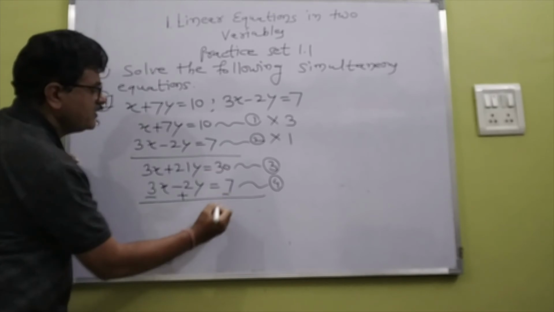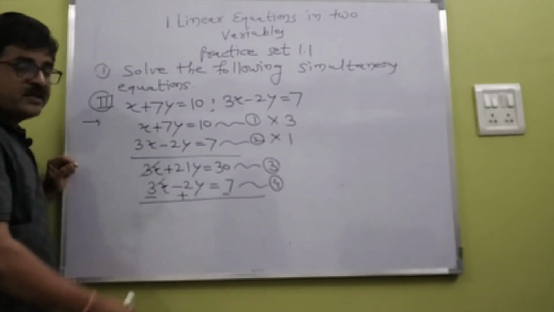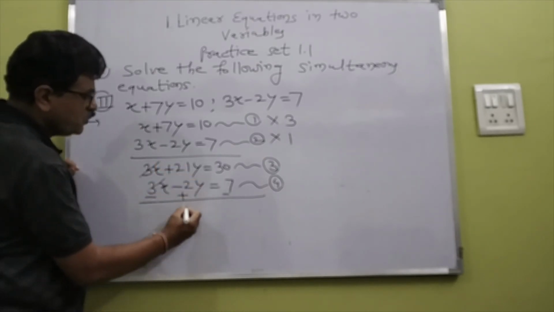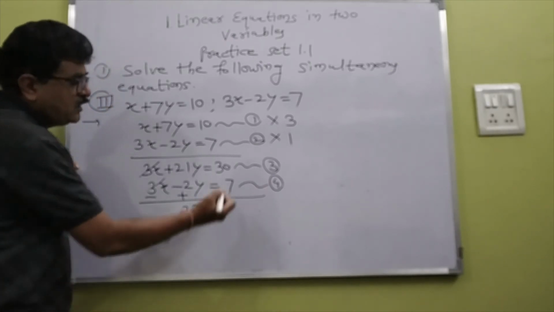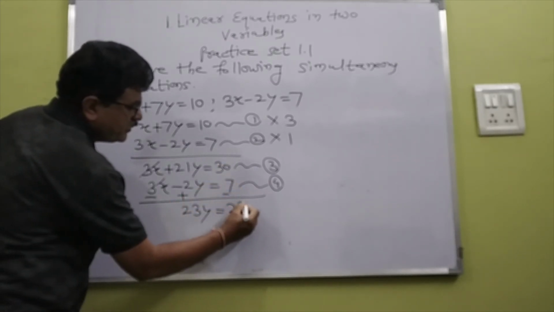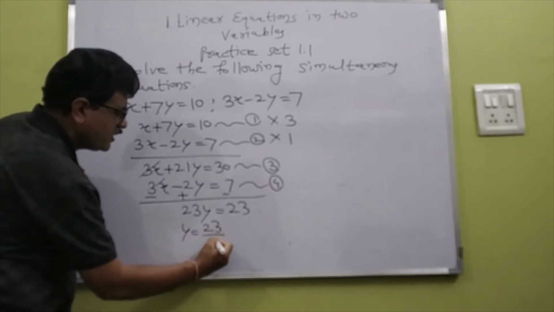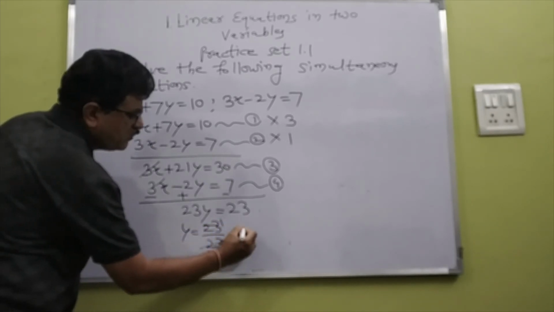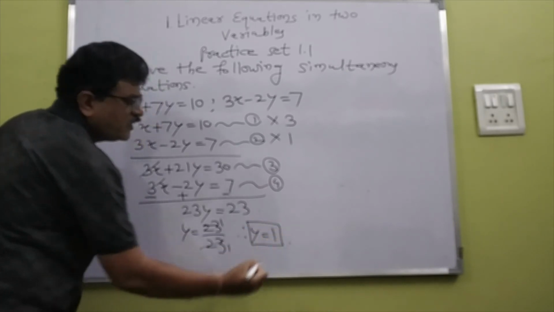Now 3x minus 3x gets cancelled. 21 plus 2, that is 23y is equal to 30 minus 7, which is 23. Therefore y is equal to 23 upon 23. Dividing by 23, we get the value of y is 1.